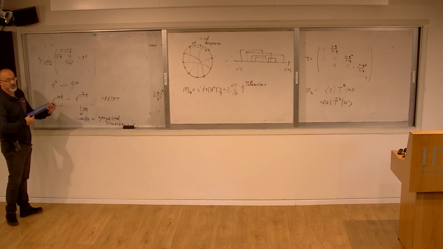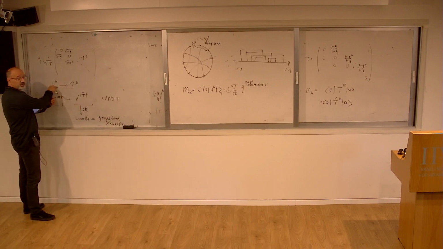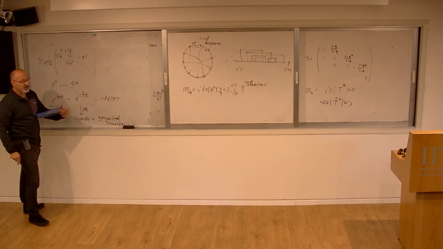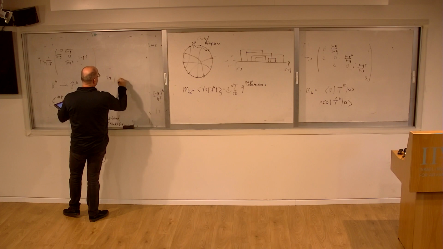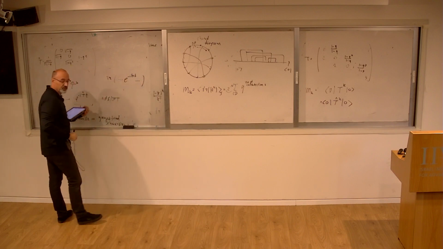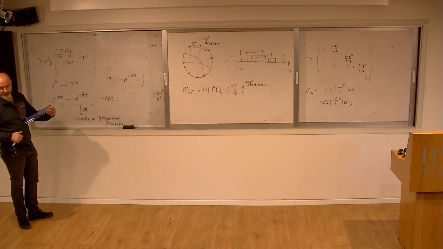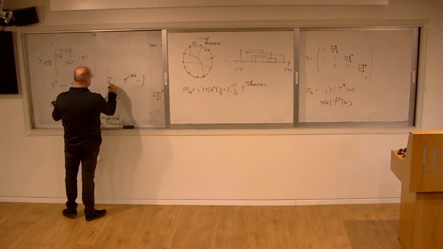It's not an operator. This is the effective dynamics after you do the ensemble average here. So if you want to compute the trace of any object that has e to the minus iHt, this is a field theory statement. So this is a trace on the Hilbert space of the microscopic theory.